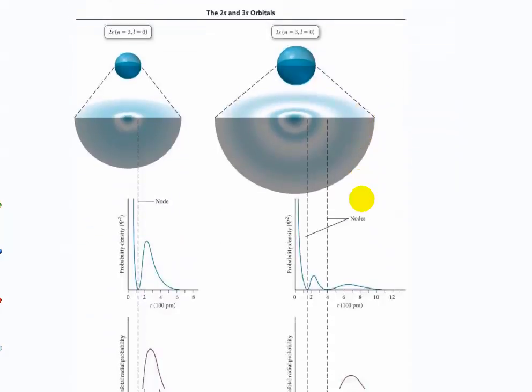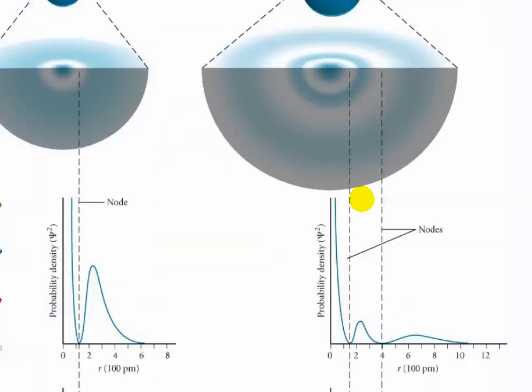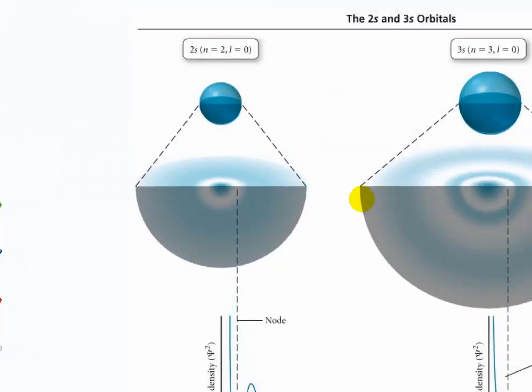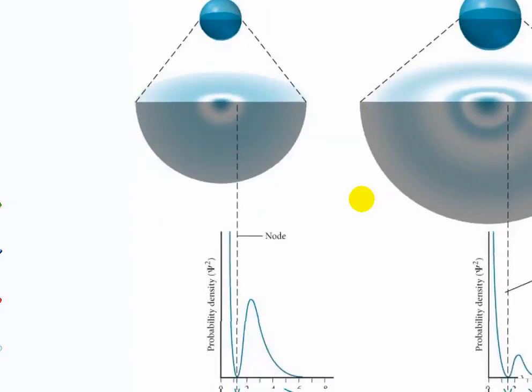If we go out to the 2s and 3s orbitals, things change a little bit. I'm going to zoom in on this so you can see it better. Here's a 2s orbital. That means n = 2 and L = 0. It also basically looks like a sphere on the outside, but on the inside it actually goes through what's called a node.